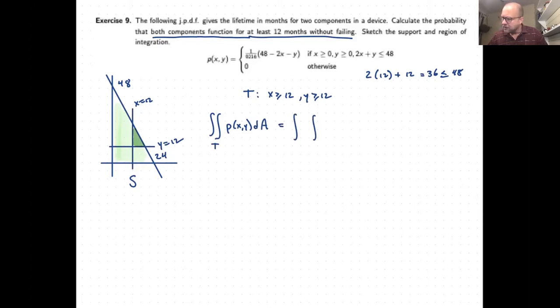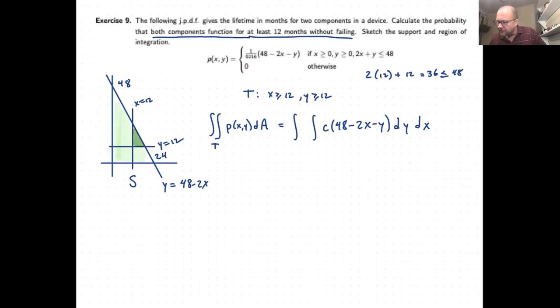That horrible big number there, I'm just going to refer to that with a C because I don't want to write it over and over again. But 48 minus 2x minus y, and I'm just going to go dy dx. If you want to go dx dy, have a field day. But because we already did this thing here of solving and getting y equals 48 minus 2x for the top of the region, seems like that would be good enough justification there.